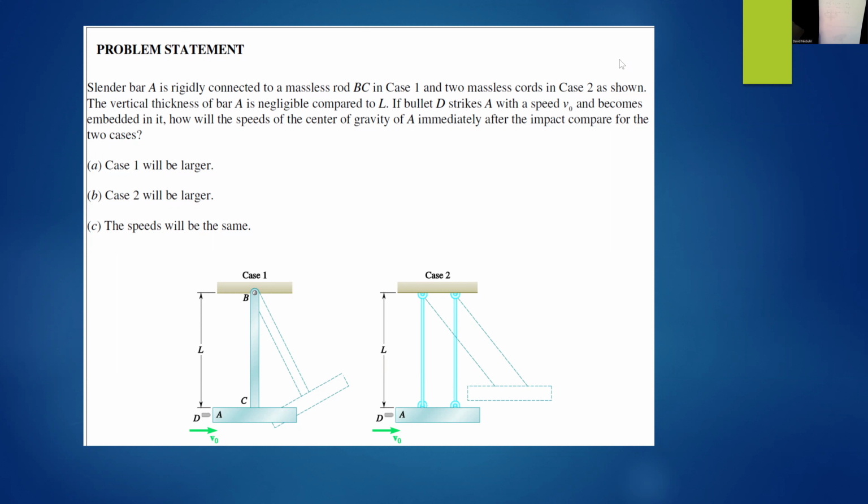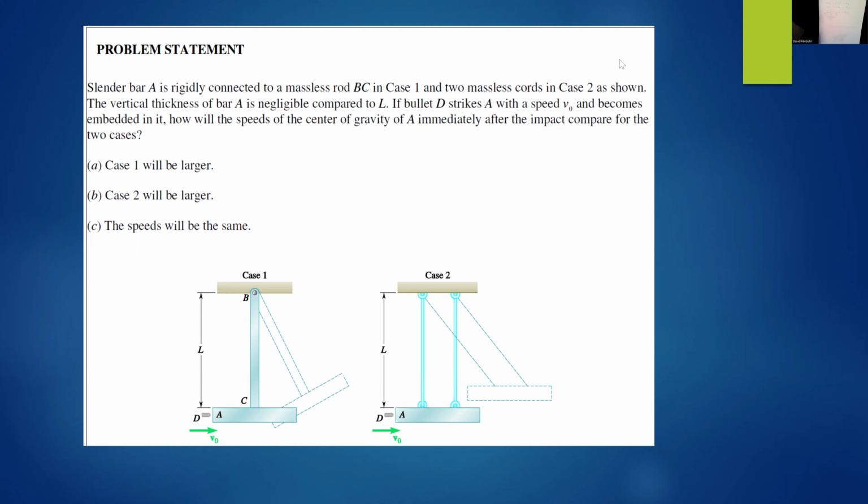So the bar BC has no mass, so really all you have is A. The masses are identical in both cases. So the question is, if you shoot a bullet into A, and the momentum is transferred, as we saw in an earlier example, and there's no friction, we predict that that whole mechanism is going to pivot up as shown with the dotted lines.